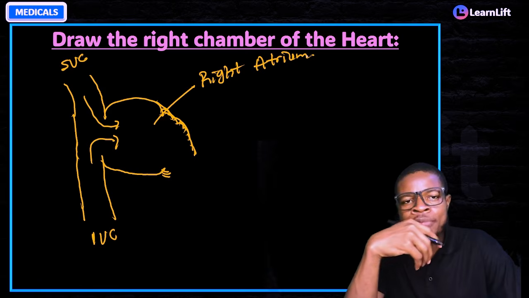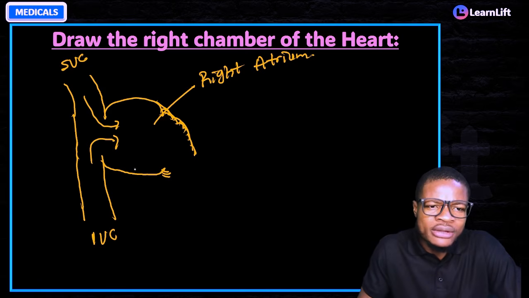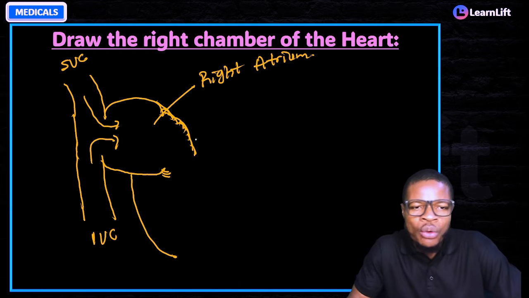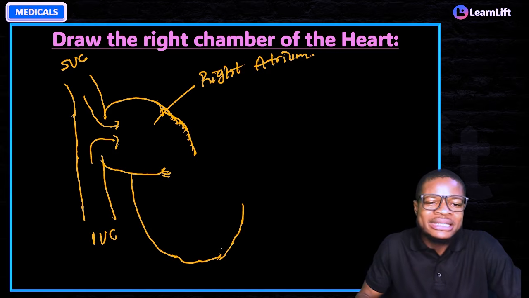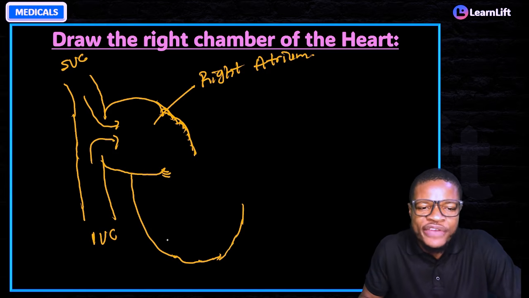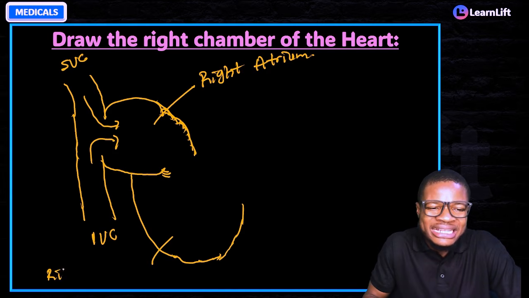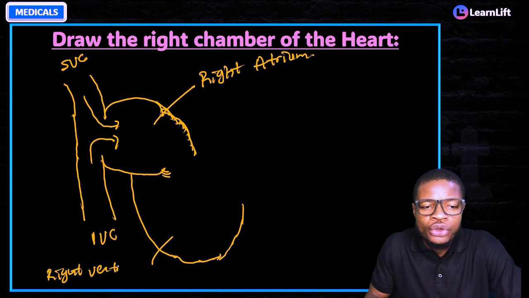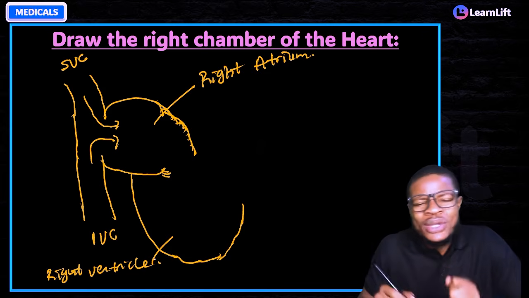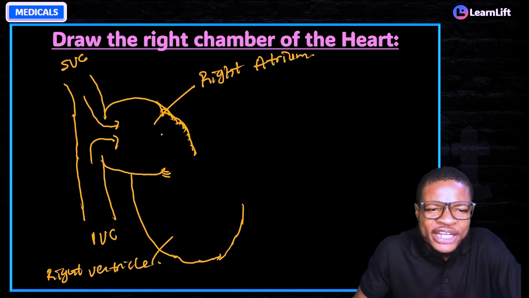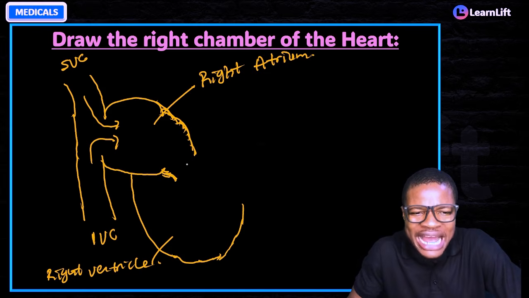Right atrium. So if they empty themselves into the right atrium, at this side now, what do we now have here? This is another big chamber of the heart here. But which chamber is this? Here is the way, the right ventricle. So let's call here right ventricle. Note this to the core. So if this is the right ventricle, in between the right atrium and the right ventricle, there is a valve that is here, right?